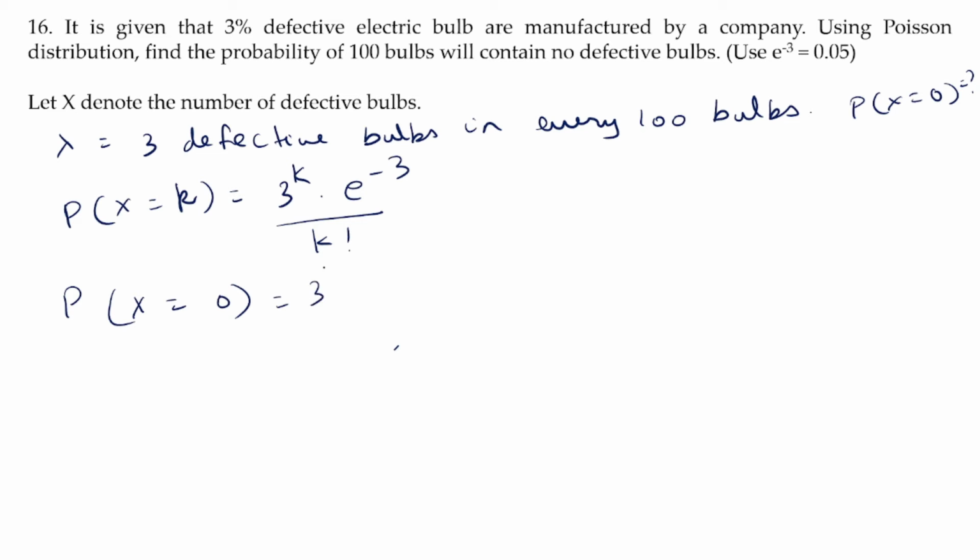It is very easy. It is 3 raised to 0 into e raised to minus 3 by 0 factorial. In the question itself, it is given use e raised to minus 3 as 0.05. So this is equal to 0.05. So the probability that 100 bulbs will contain no defective bulbs is 0.05.